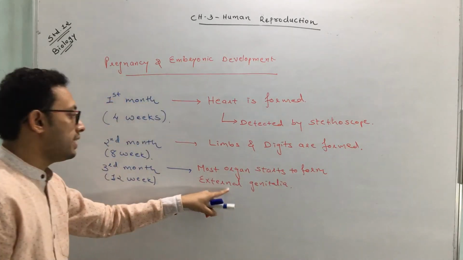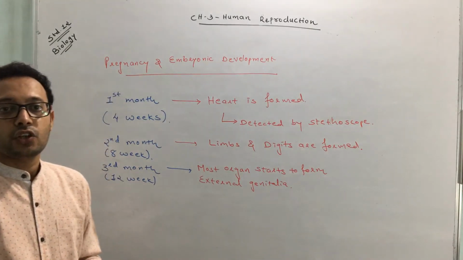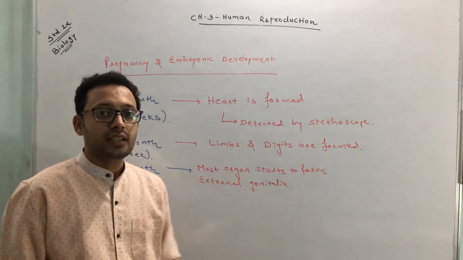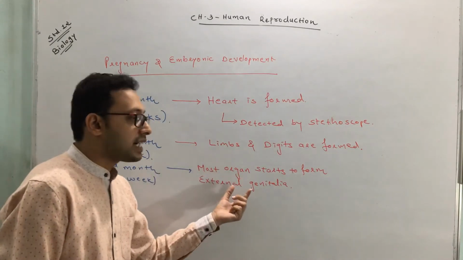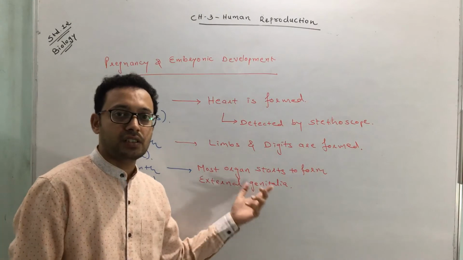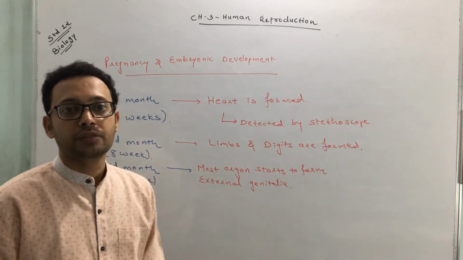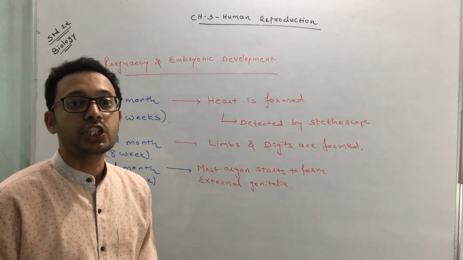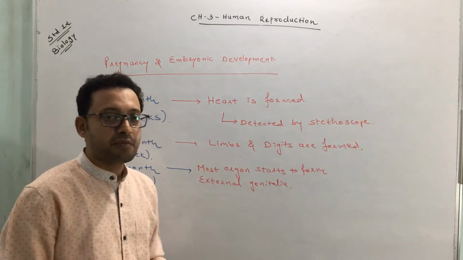So at this stage, when there is a development of external genitalia, a doctor can determine the sex of a baby, whether it's male or female, because a clear-cut observation of the external genital organ can be seen through sonography or USG, ultrasound sonography, through which it can be detected.